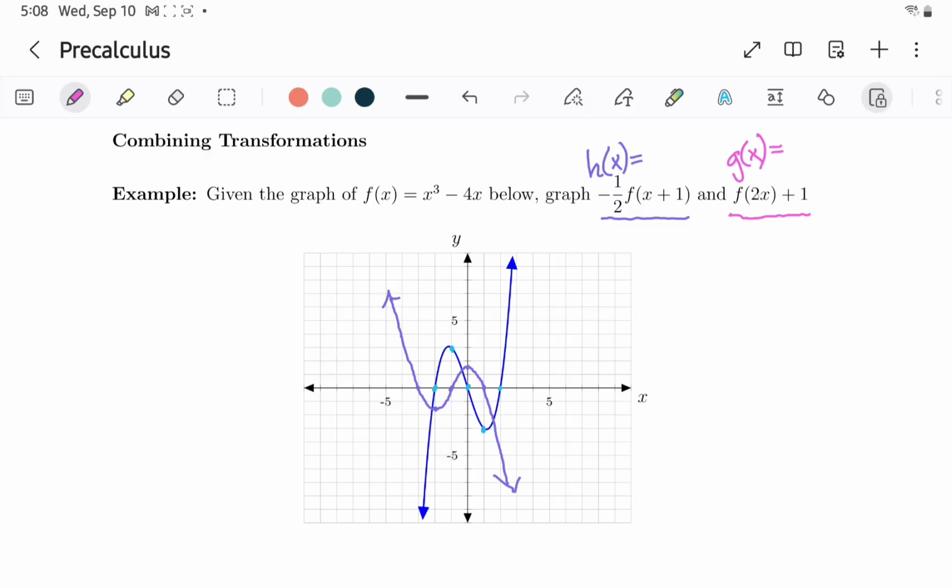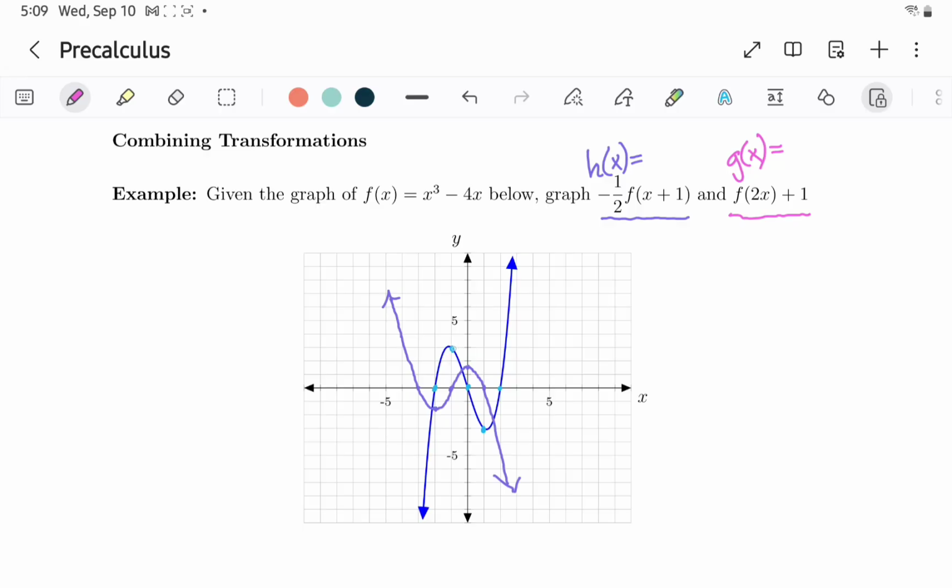So looking at g of x here, well, we are going to have a horizontal compression by a factor of 1/2, and then we are going to vertically shift by 1 unit upwards because we have that plus 1 there. So we are going to essentially want to take all these points on the graph of f, and we are going to want to bring them in by a factor of 1/2 towards the y-axis, and then shift them up 1 unit.